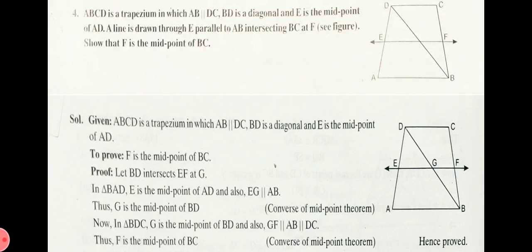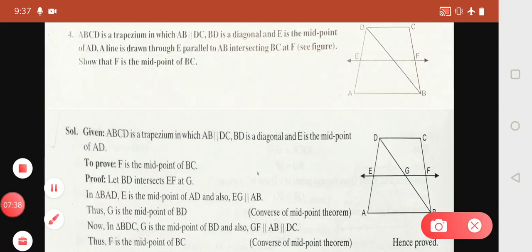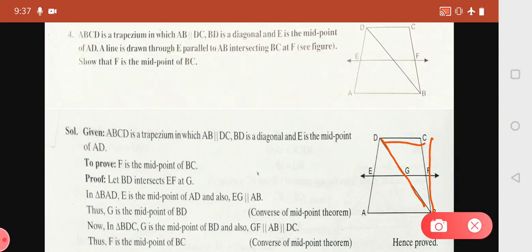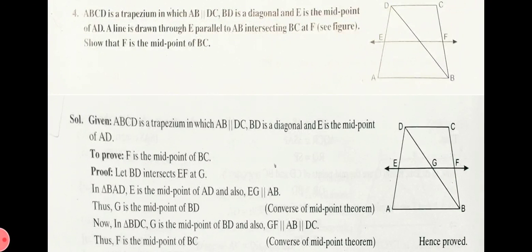Now in another triangle BDC, here you can see the triangle BDC. Again, as we have proved above that G is the midpoint of BD, and also GF is parallel to AB, parallel to DC. Therefore, F is the midpoint of BC by converse of midpoint theorem. Hence proved.